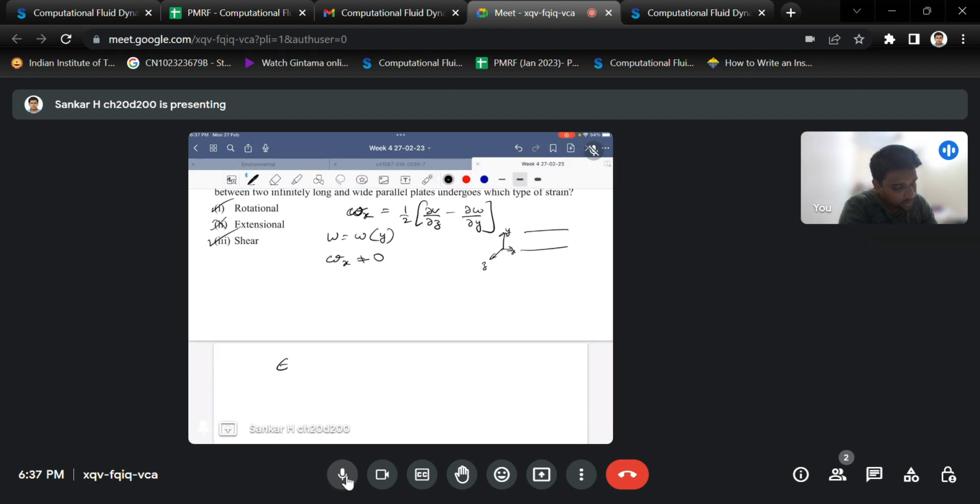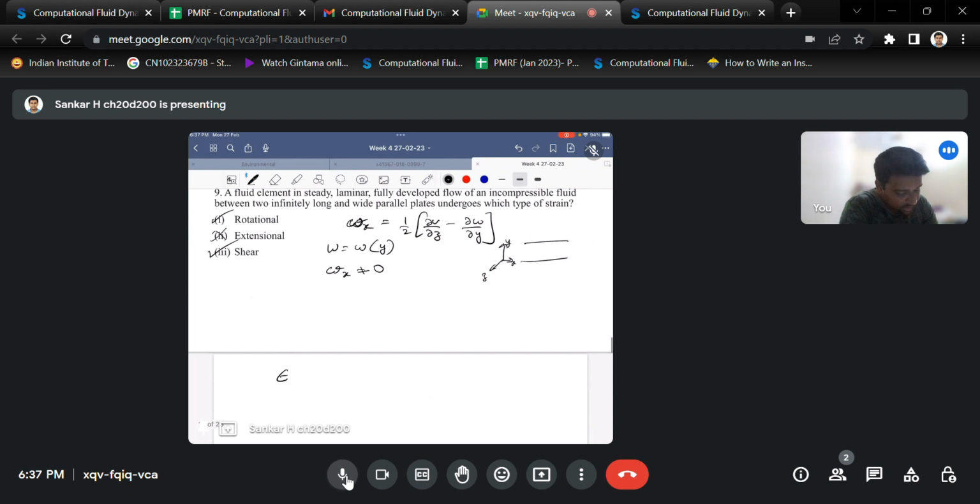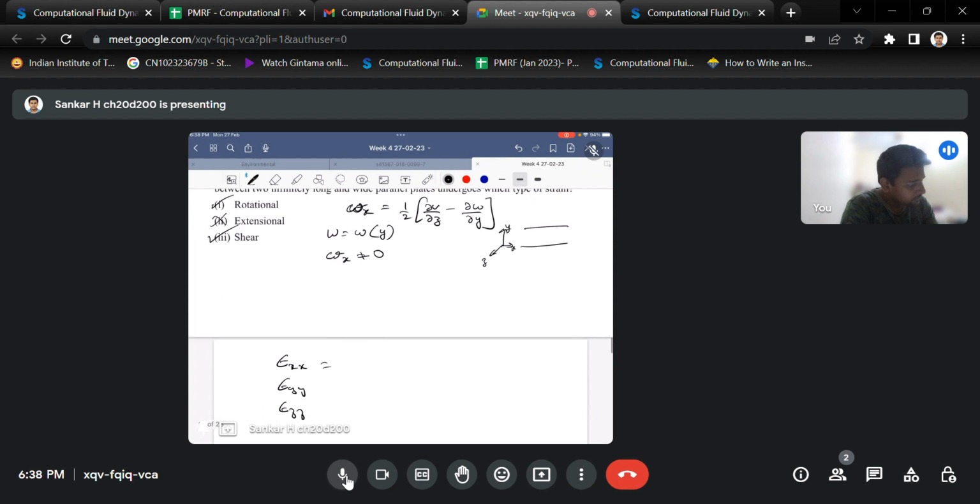The extensional rate of strain is given by e xx, e yy, and e zz, and they have the formulas dou u by dou x, dou v by dou y, and dou w by dou z.